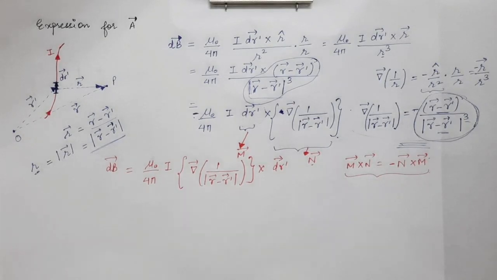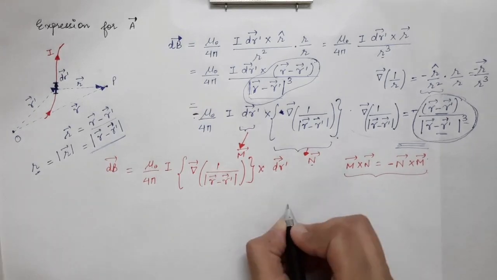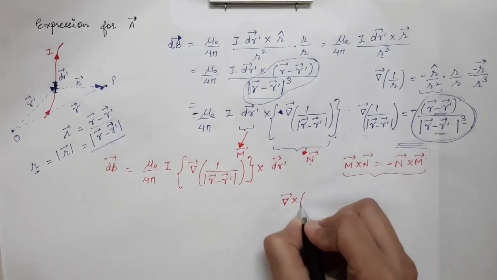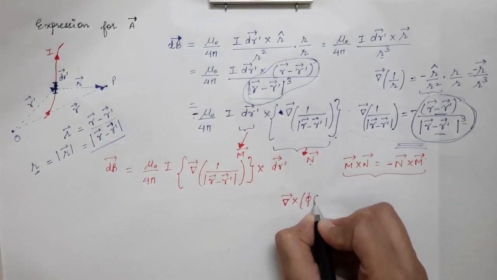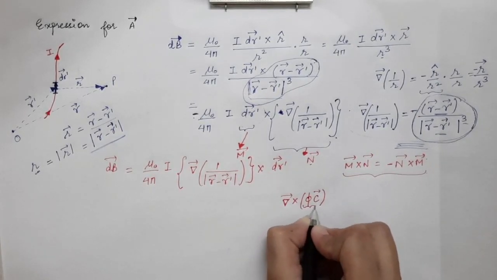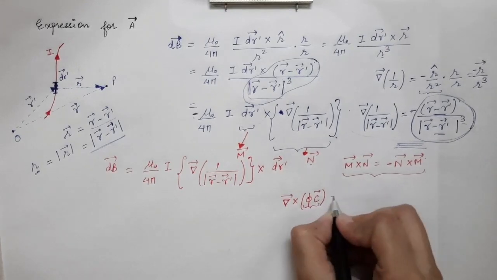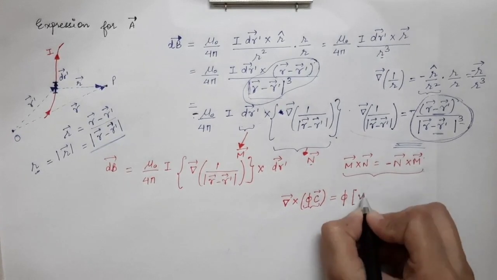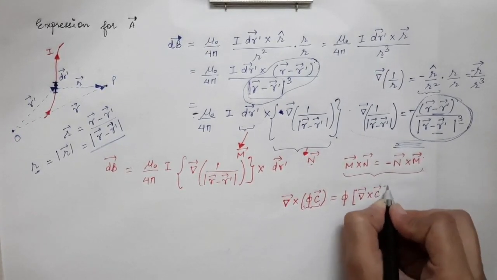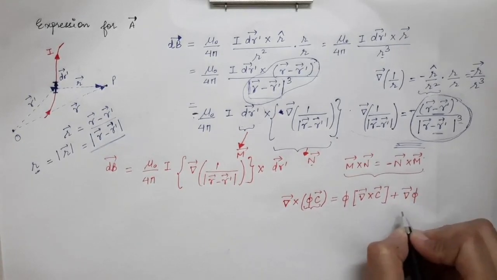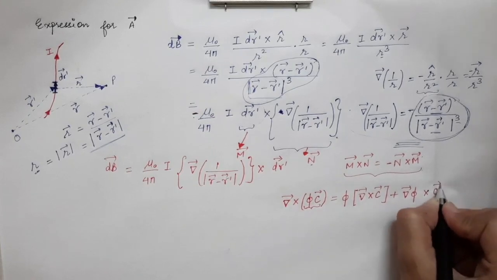Now for the next step, we are again going to use a vector identity, and you have to remember this: the curl of a scalar function multiplied by a vector. So what is the curl of this expression? That is equal to the scalar function as it is, then curl of the vector, plus the gradient of the scalar function cross product with the vector.